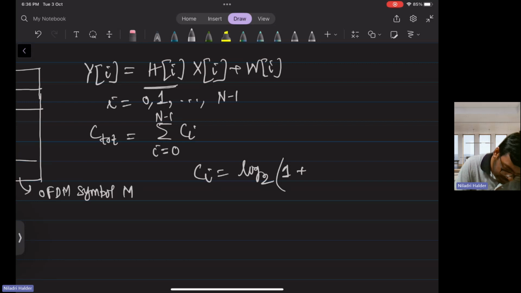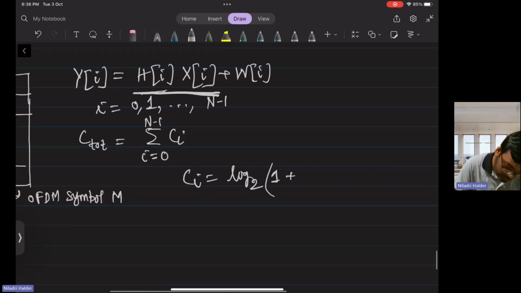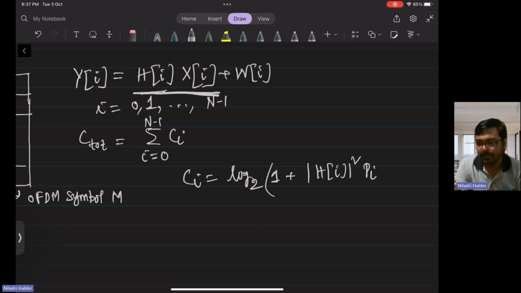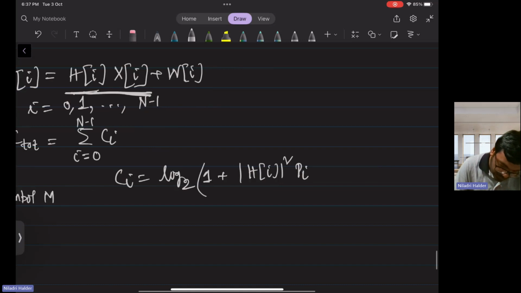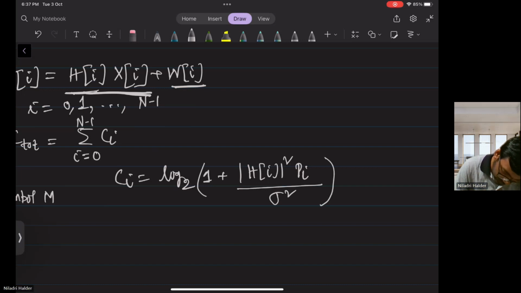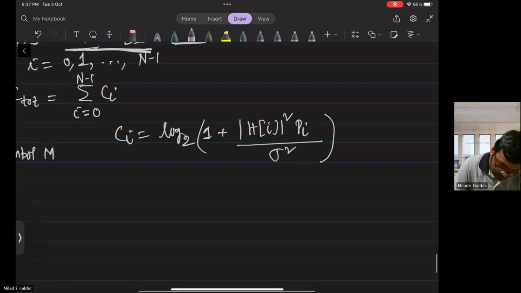So the signal is mod hi square times mod xi square, which is Pi, the input power, the transmitted power on each subcarrier, divided by the noise power. The noise power is sigma square. So this is the capacity of the ith subcarrier.